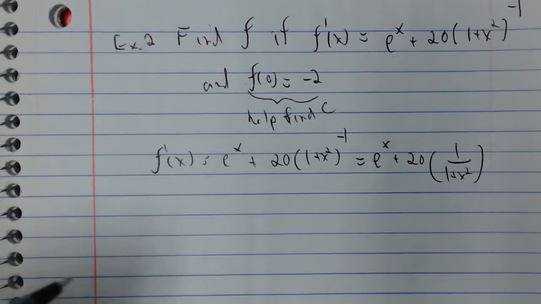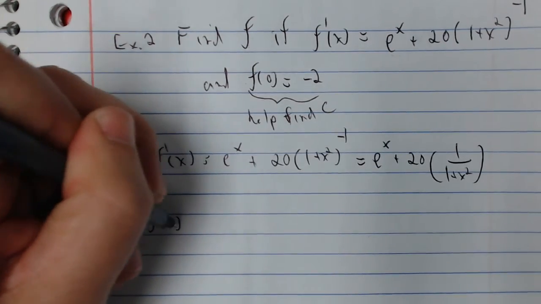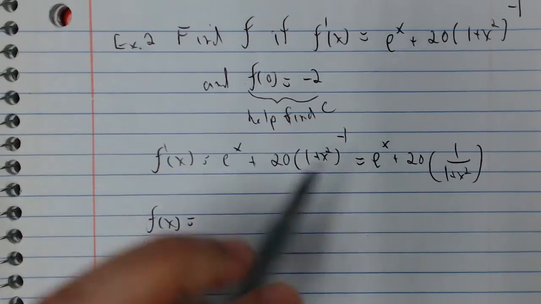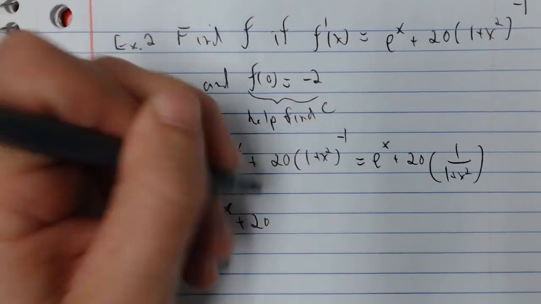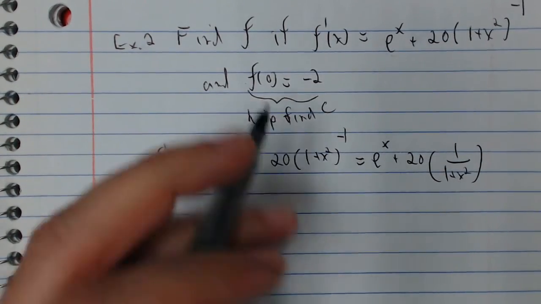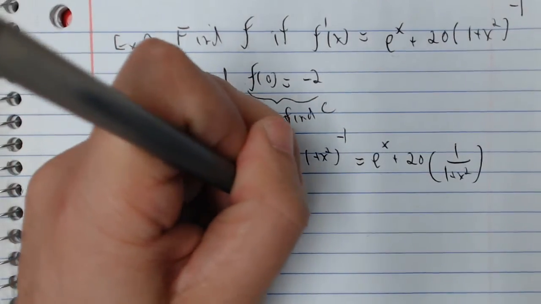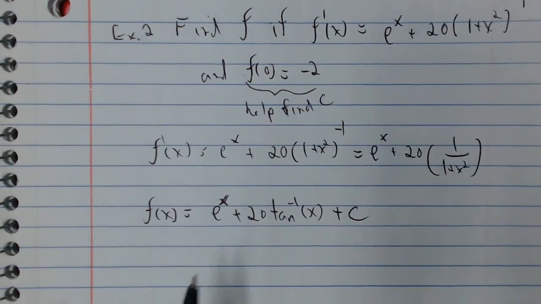So when I have it written like this, I could now say, look, f of x would be the antiderivative of e to the x, which is e to the x, plus 20 times the antiderivative of 1 over 1 plus x squared, which is tangent inverse of x, plus some constant c. Okay, so there you have it.